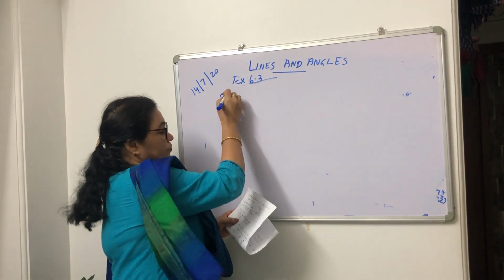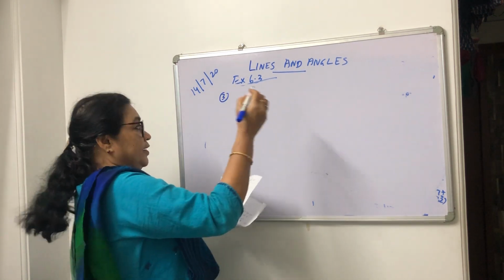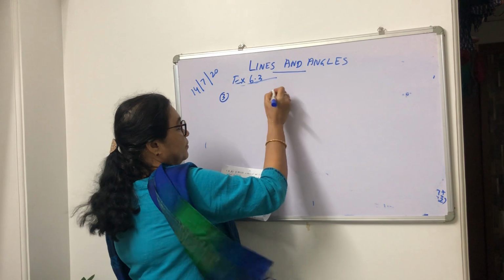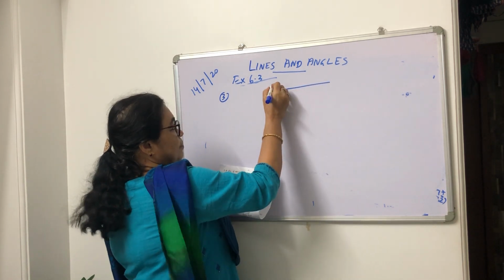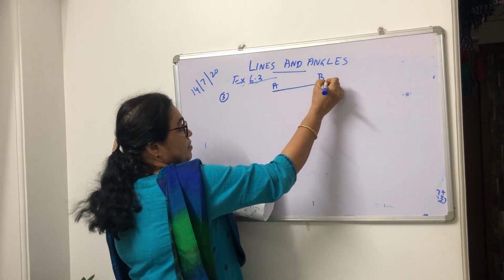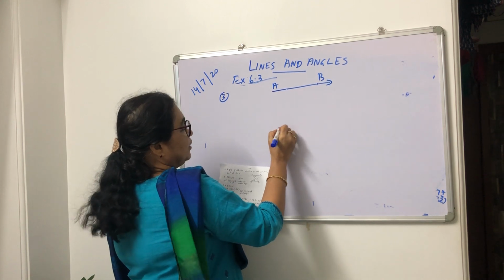Third one. In the figure, AB is parallel to DE.